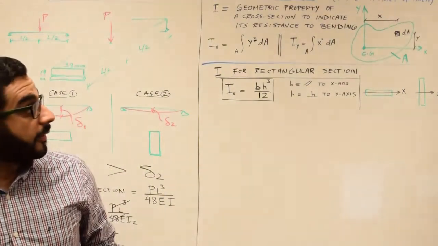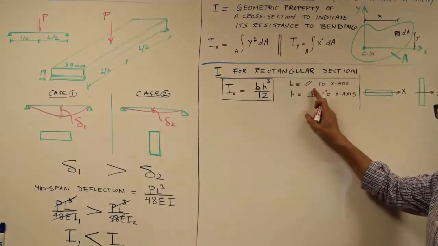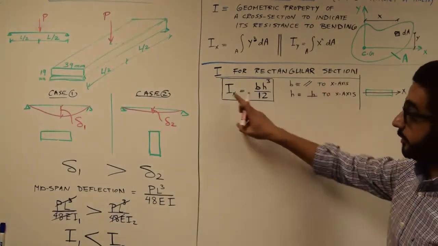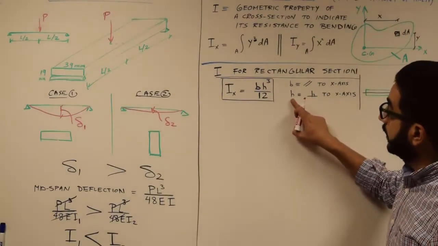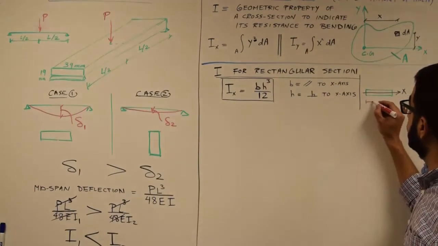So for the first case, b, always b, is the dimension parallel to the x-axis, if you're dealing with Ix, while h is the perpendicular to the x-axis. So parallel to the x-axis in the first case, this is b.